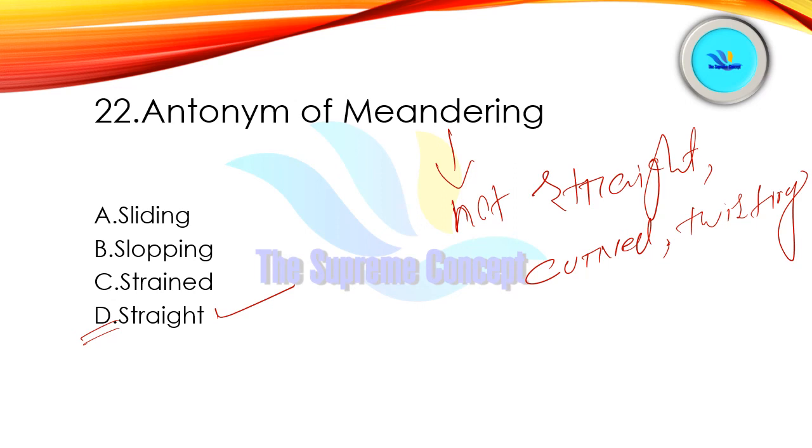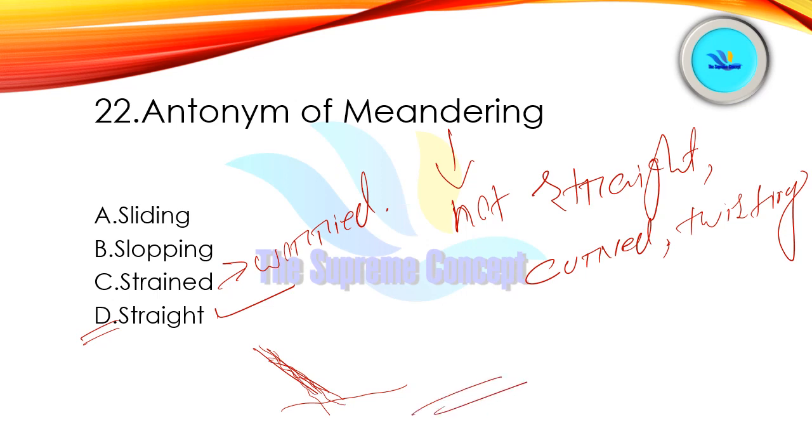Then strained means stress, to be tensed or stressed, worried. Are you getting me? Sloping means it's a slope, and if you slide, that means you closely move with the surface in contact, if you're sliding like this.